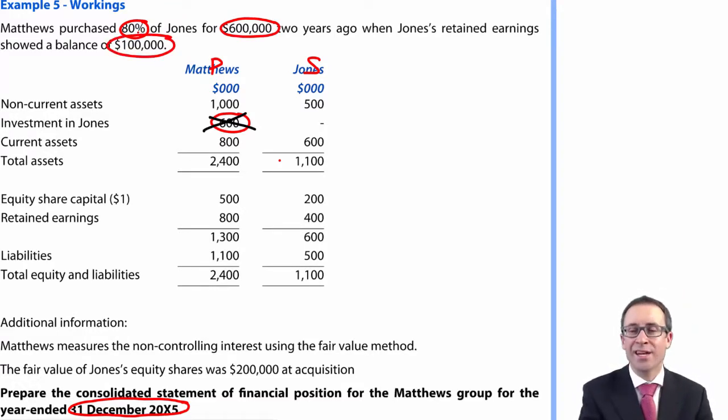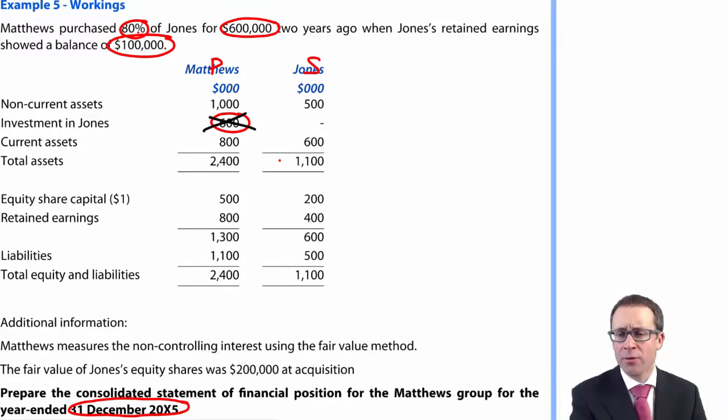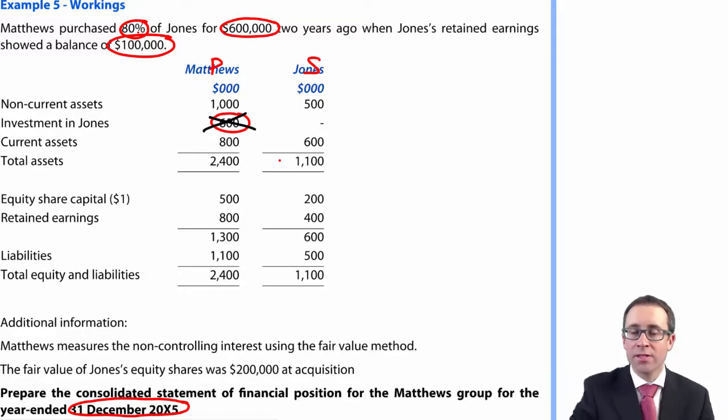So it's actually giving us the retained earnings at acquisition, which was 2 years ago. Okay, so we know the NCI is 20%. We know it was acquired 2 years ago, so there is no mid-year acquisition as such, which we'll touch upon later, and we are given the retained earnings at acquisition, which is important because that will then give us the net assets at acquisition.